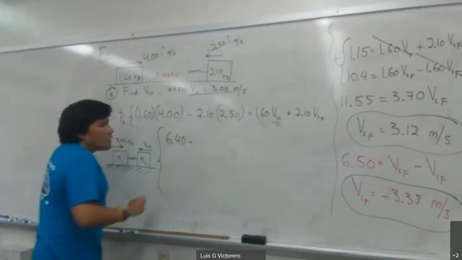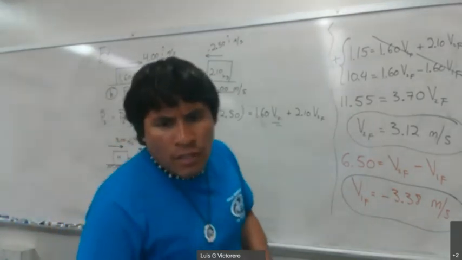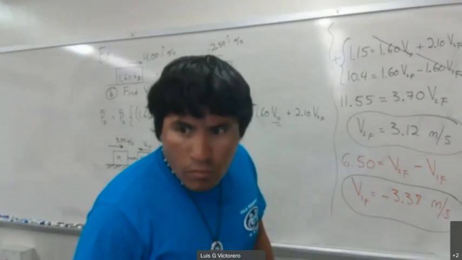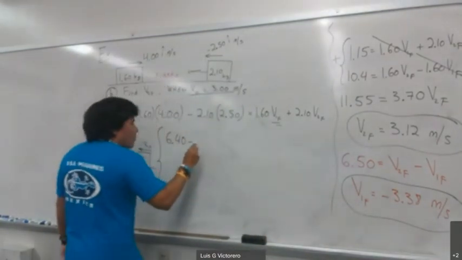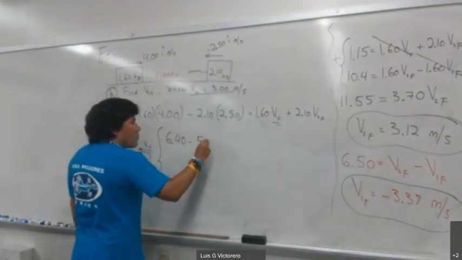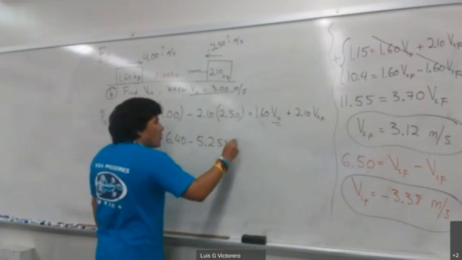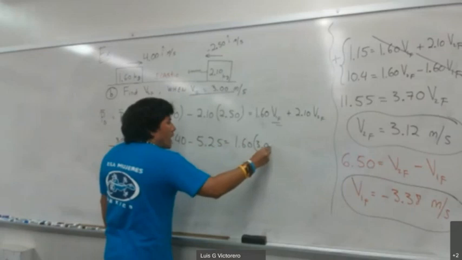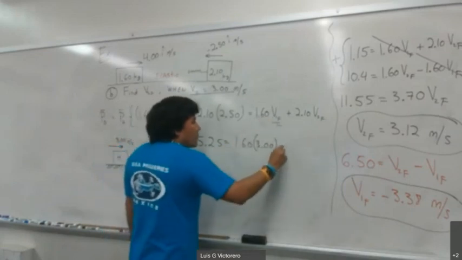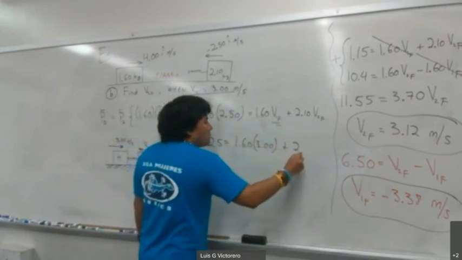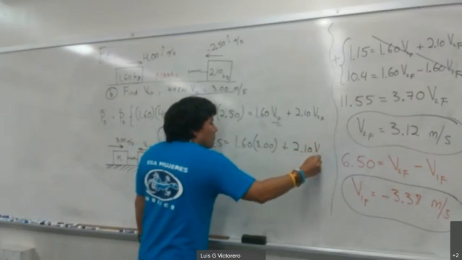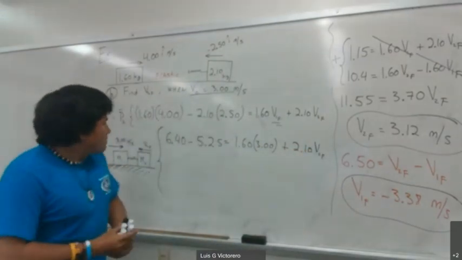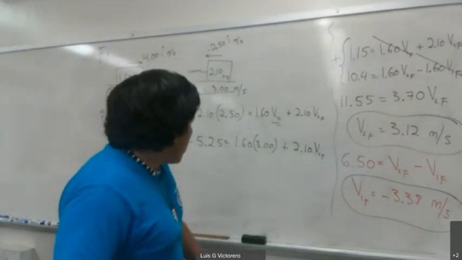So this is 6.40 minus, let's do this multiplication again. I replace that with 3, and I'm just looking for V2 final. See what we get. That's 4.8.